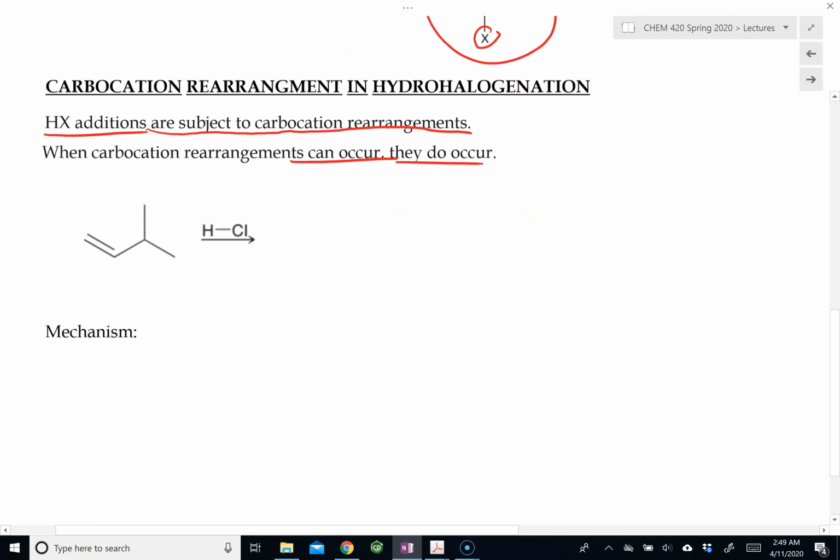For an example, if we were to have this alkene reacting with HCl, here in this case the first thing that is going to happen is the alkene acting as a base, coming to pick up the proton. And again, the hydrogen will be added to the less substituted vinyl carbon. And now we are producing this carbocation, and this is a secondary carbocation.